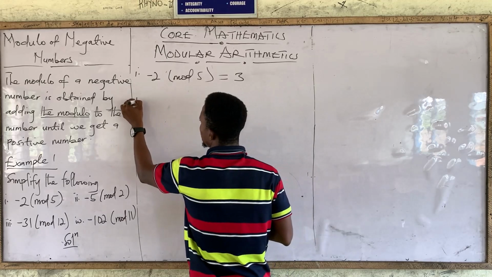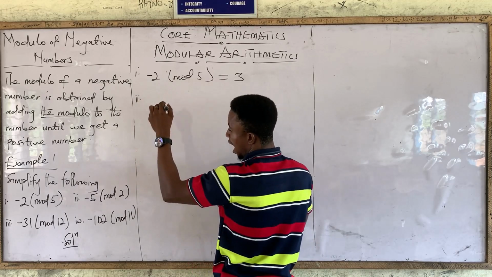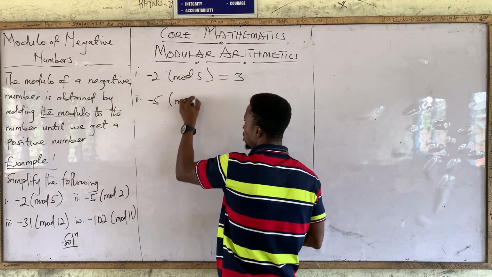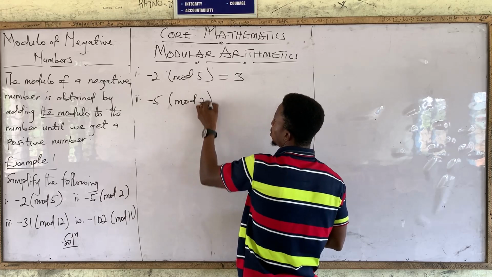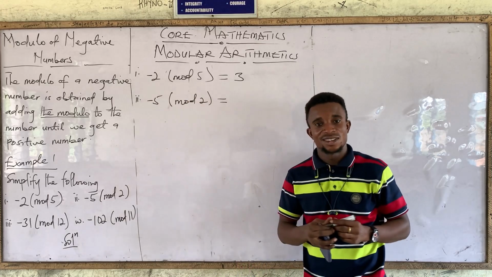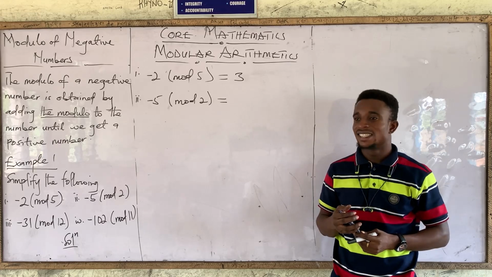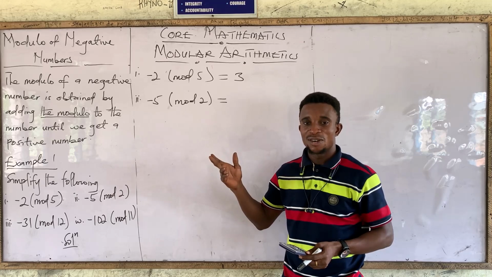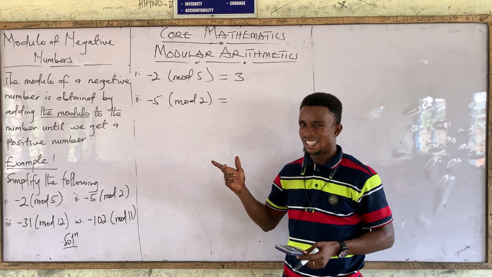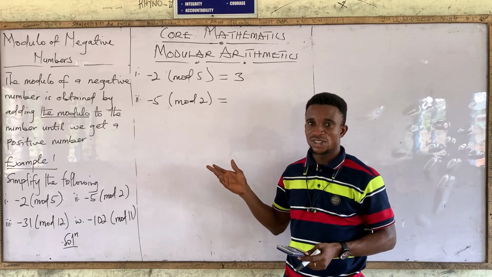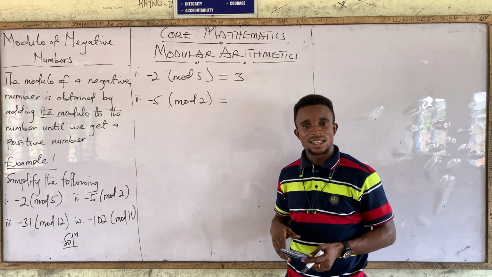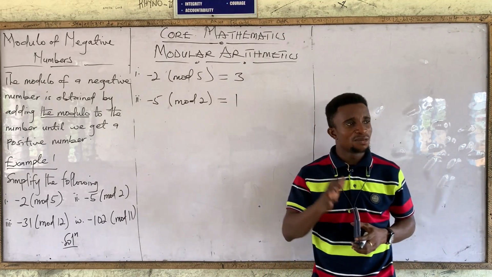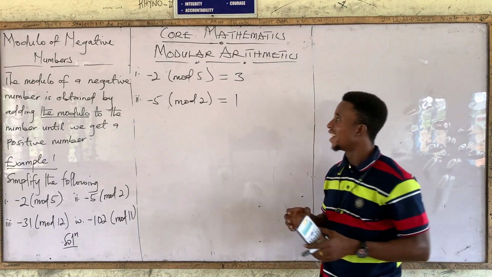I can also have the II, which says negative 5, then mode 2. And that one too is equal to, so what did you get? That is negative 5 plus 2, then you get negative 3, then plus 2, it is going to get you negative 1, then plus 2, then 1. Is that not it? Okay, and I hope you're able to get 1. Let me see my hands of those who are able to get 1. Okay, that is good.